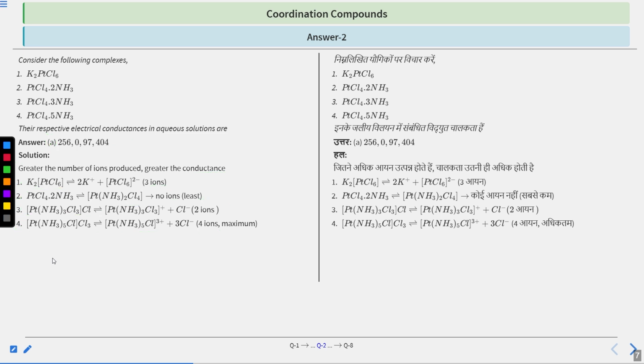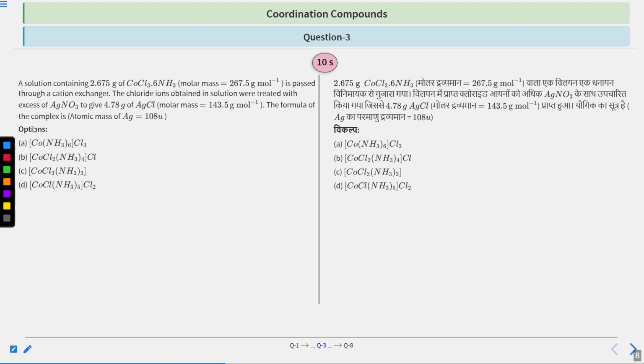Okay, let's see the next question. Question number 3. A solution containing 2.675 gram of CoCl3.6NH3, molar mass given as 267.5 gram per mole, is passed through a cation exchanger. The chloride ions obtained in solution were treated with excess of AgNO3 to give 4.78 gram of AgCl, having a molar mass of 143.5 gram per mole.